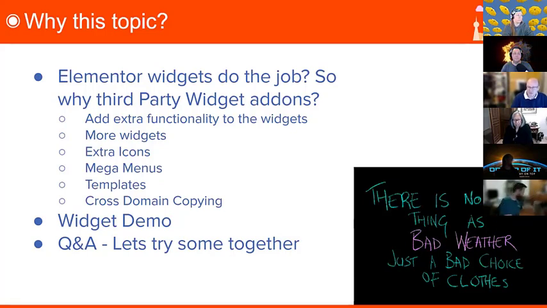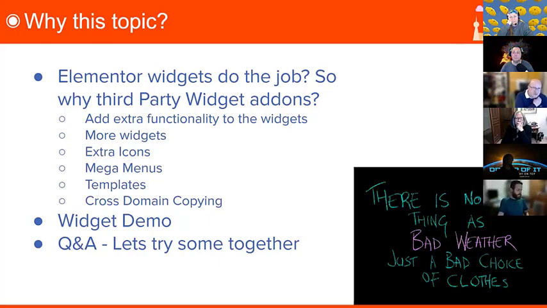Mostly they give us more widgets and extra icons. You can do mega menus in them. Some of them come with templates, but one of the big things is cross-domain copying. So if you've got website abc.com and bcd.com, you can copy a section from one website to the other across the domains, and that can be quite useful.